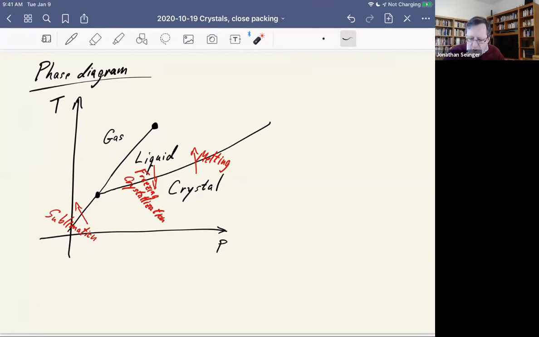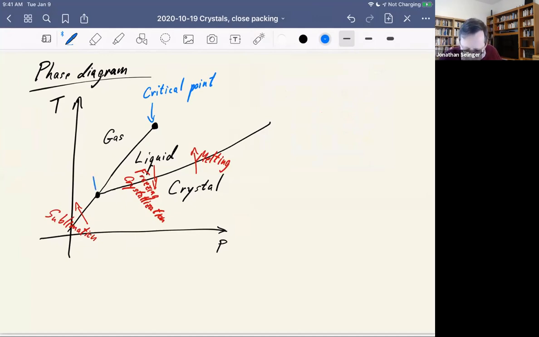Okay, so this is a typical phase diagram. To identify a couple of special points, you remember this one is the critical point. That is where the transition from gas to liquid comes to an end.